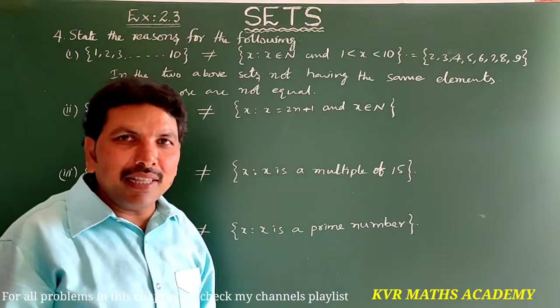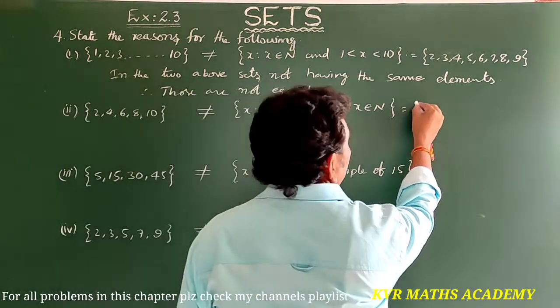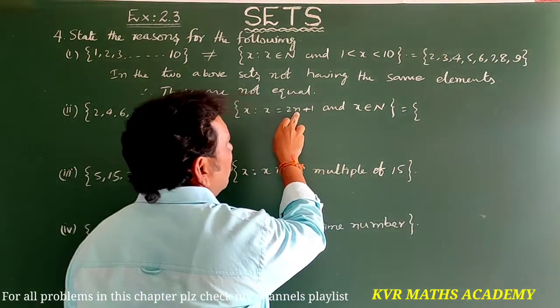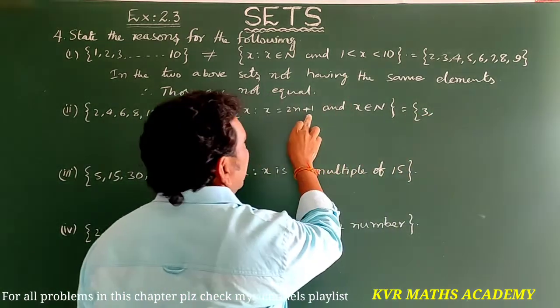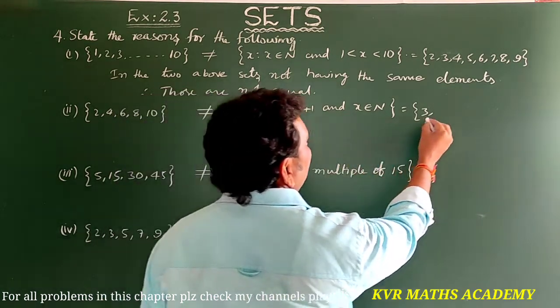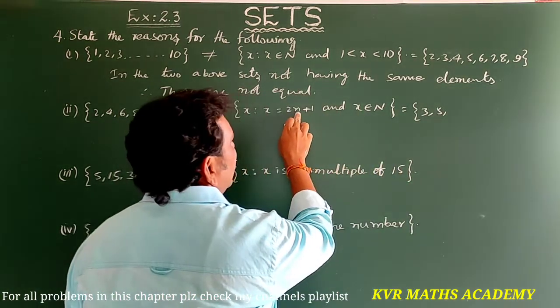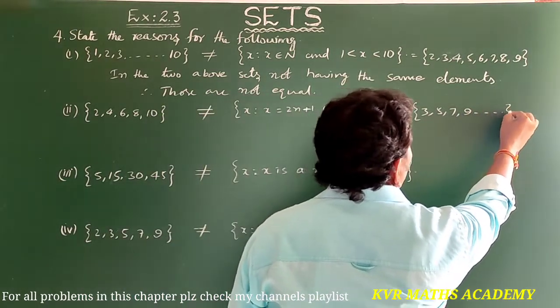So 2n + 1 is the form of odd numbers, right? So how can you write this set? If you substitute 1, 2 1s are 2 plus 1, 3. Next, 2 2s are 4, 4 plus 1, 5. 2 3s are 6, 6 plus 1, 7. Next, 9 and so on.